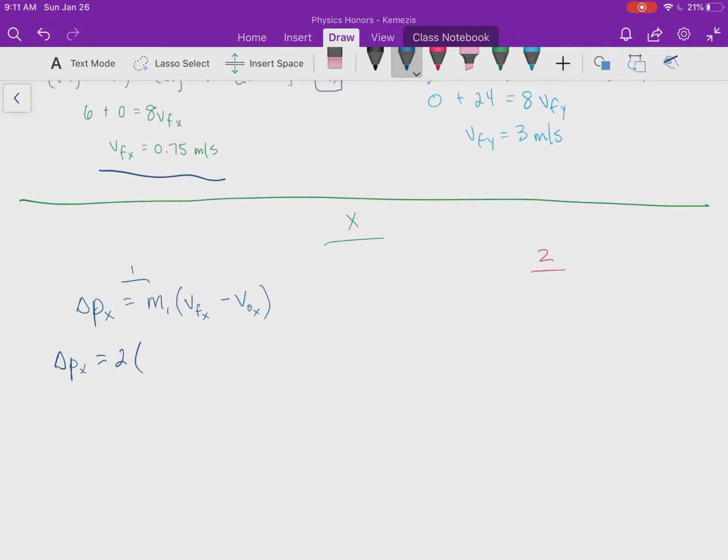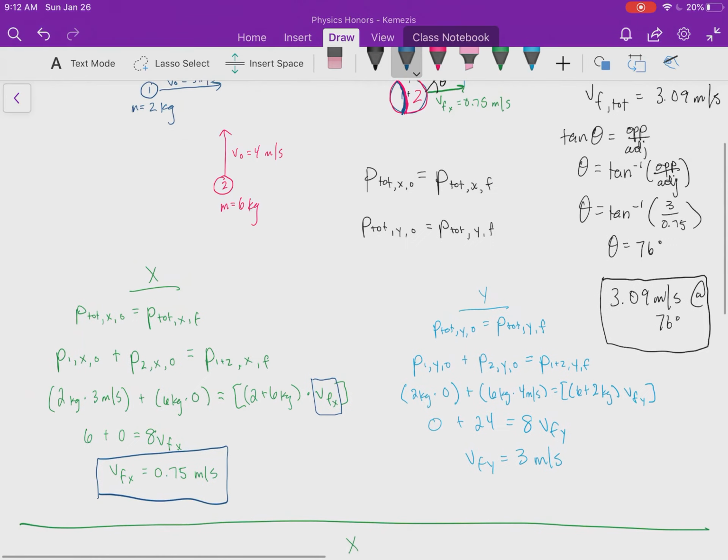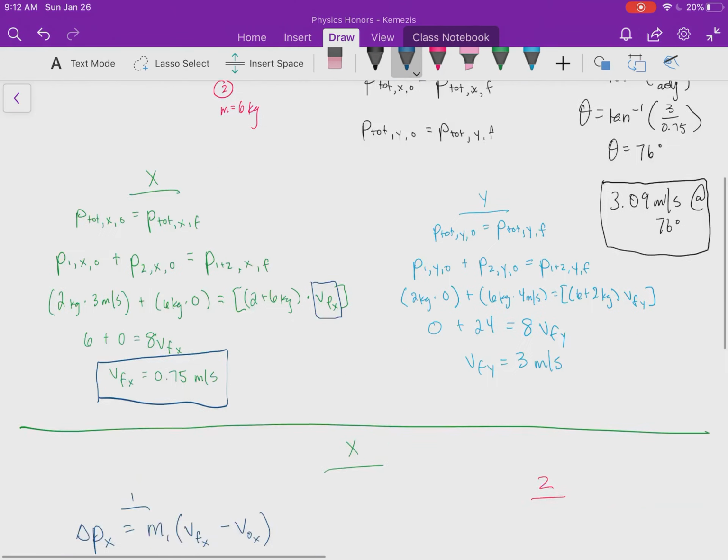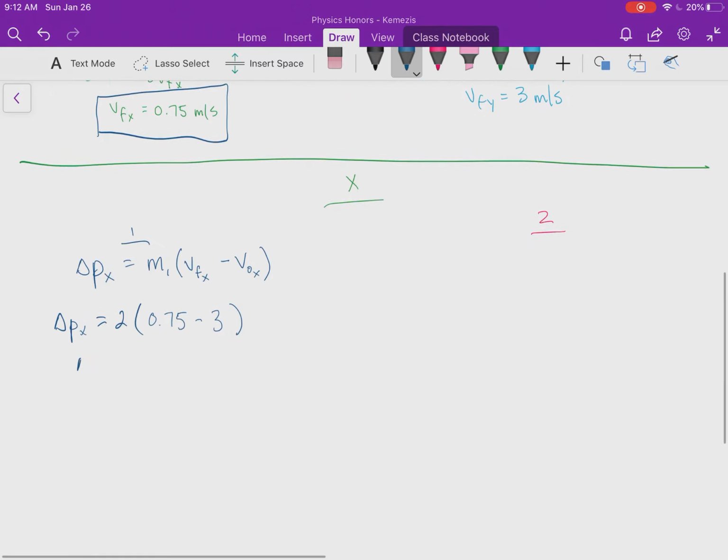The final velocity in the x direction, we can see here, is 0.75, since both objects now have an x velocity of 0.75. So we'll use that. Its initial velocity in the x direction was 3 meters per second.